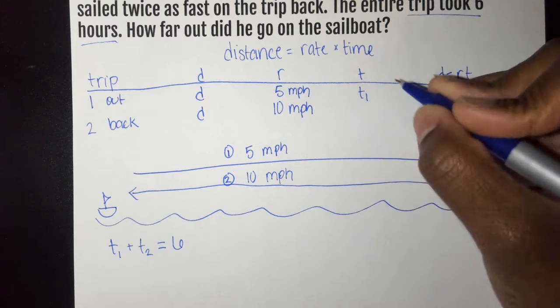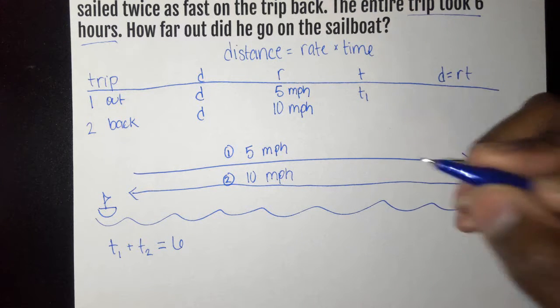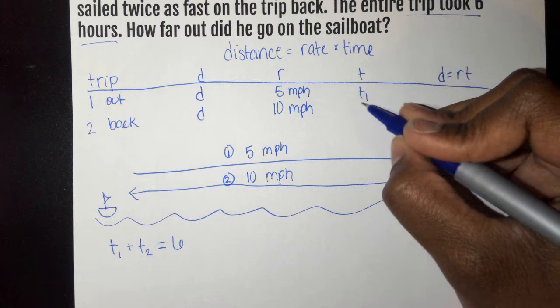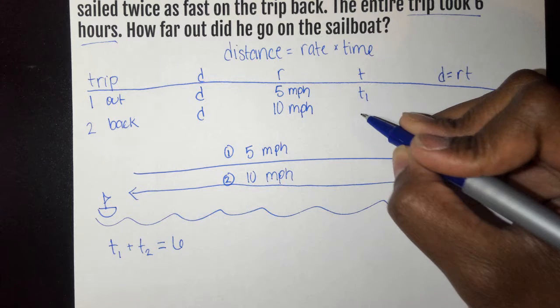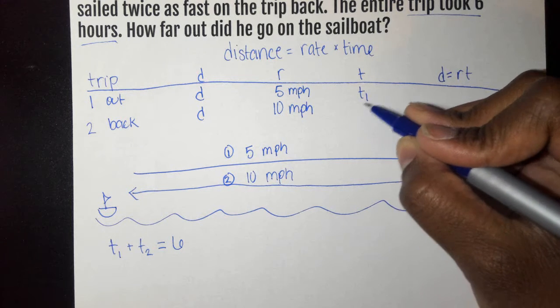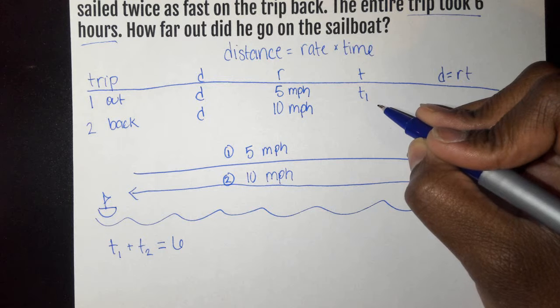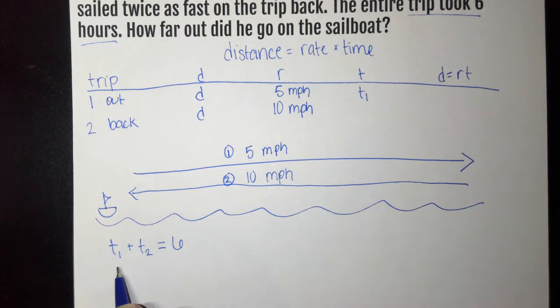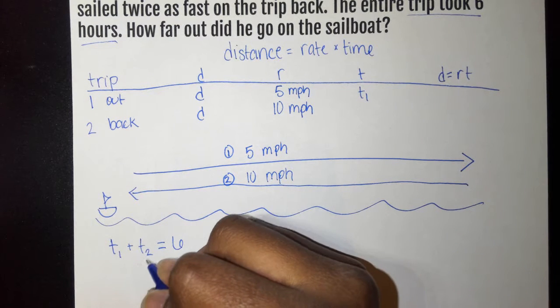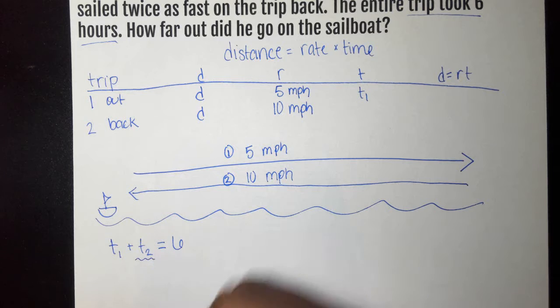Because I don't want to have too many variables. I want to have as few variables as possible. So I want to try to figure out a way to write time 2 in terms of time 1. So I'm going to look at this here, where I have that time 1 plus time 2 equals 6, but I want to know what time 2 is.